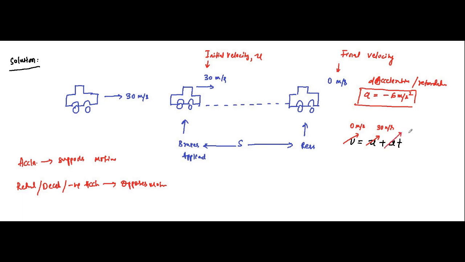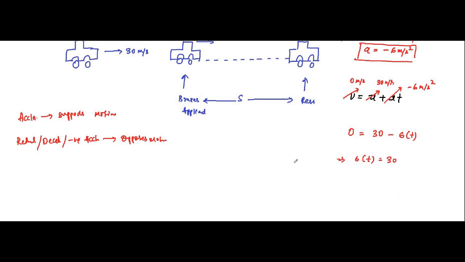Acceleration is known, it is minus 6 meters per second square. So 0 is equal to 30 minus 6t, that implies 6t is equal to 30, so t is equal to 5 seconds. The car took 5 seconds from the moment brakes were applied to come to a stop.